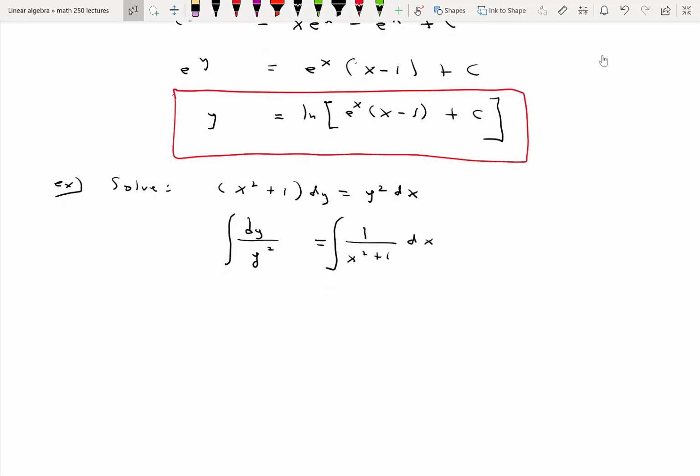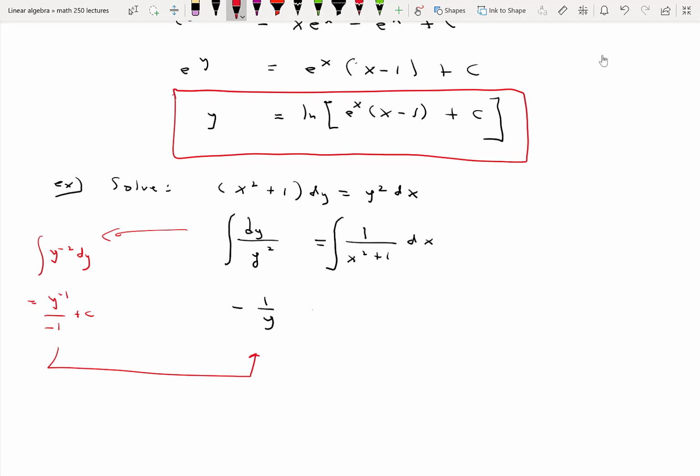So the integral of 1 over y squared is negative 1 over y. I'm pretty sure you can probably see that, because this is like y to the negative 2 dy, which is y to the negative 1 over negative 1, or negative 1 over y.